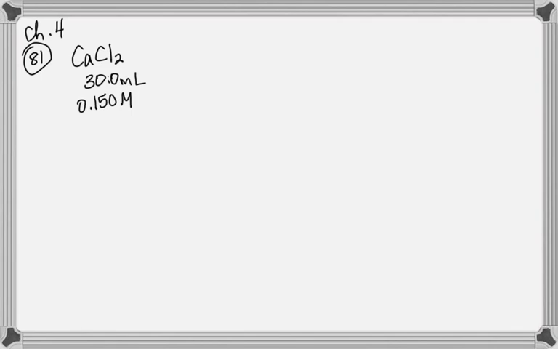And we're going to add it to 15 milliliters of 0.100 molar silver nitrate. And this one gives you the formula, but on the test, I'm not going to give you the formula. I'm going to say silver nitrate, calcium chloride.